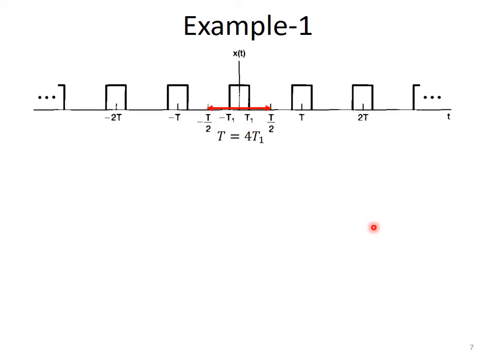So t is 4t1. So omega naught t1 would be equal to omega naught into t upon 4, and omega naught we know is equal to 2 pi upon t, so omega naught t1 is simply equal to pi by 2.